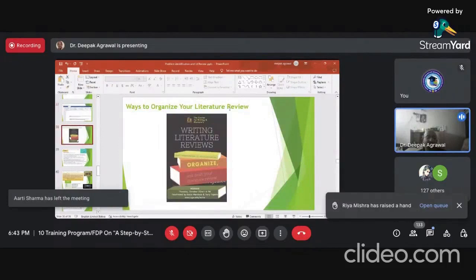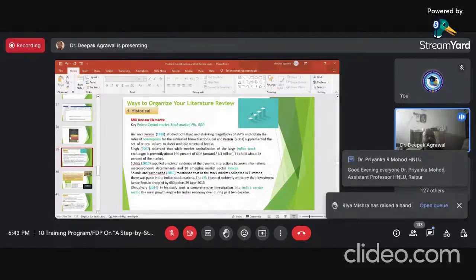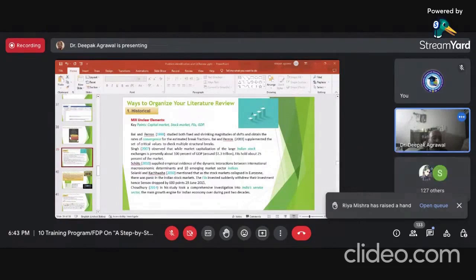Next is ways to organize your literature review. Conventionally, the historical mode is very popular to write the literature review, but it should not be mashed up with the years.